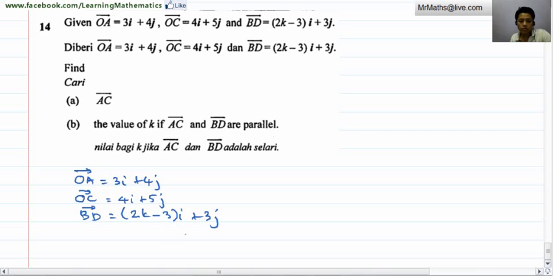So what is AC? AC is equal to AO plus OC.